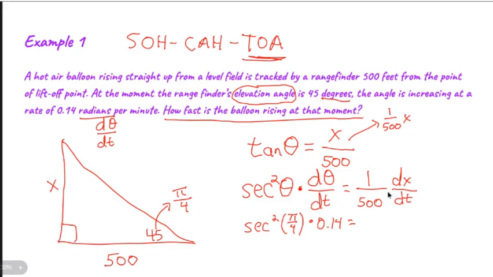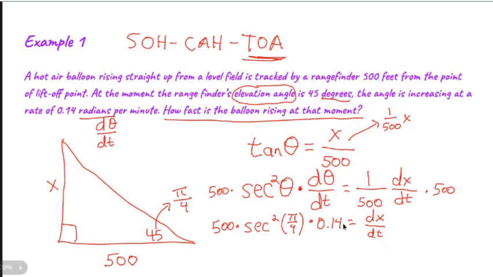So dx dt is how fast the height is changing over time, and we're looking for dx dt. So I'm going to multiply both sides by 500 to get that out of the way, so we just have one calculation that we can plug in to solve for dx dt.